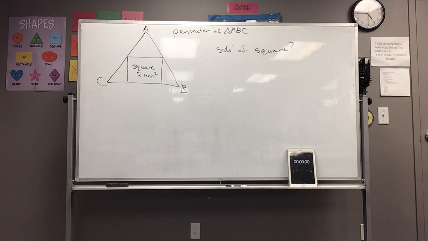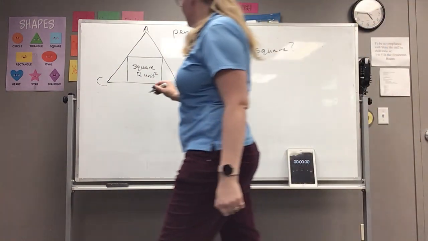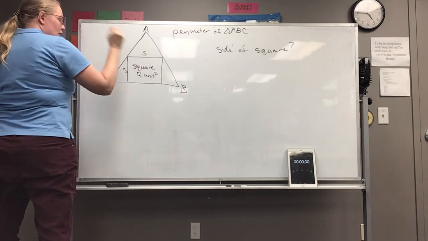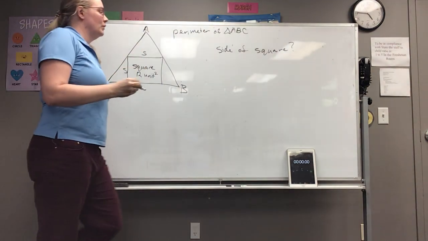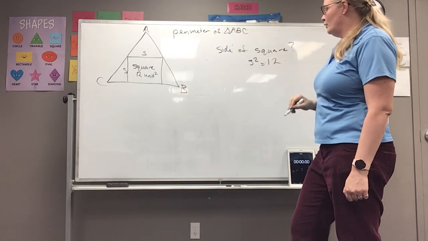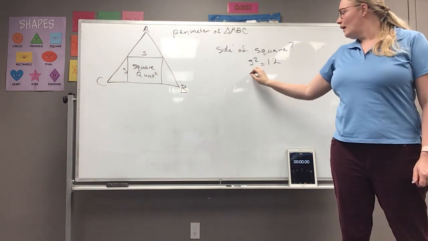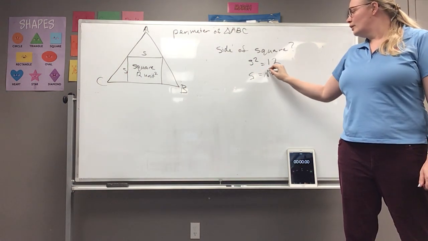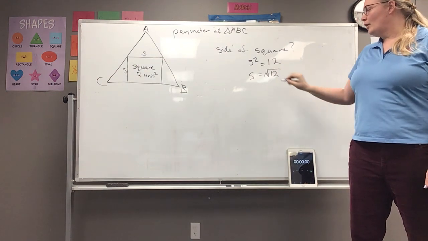As an intermediate step, what is the length of a side of the square? So because it's a square, our sides are the same. So s squared is equal to 12. s equals the square root of 12.